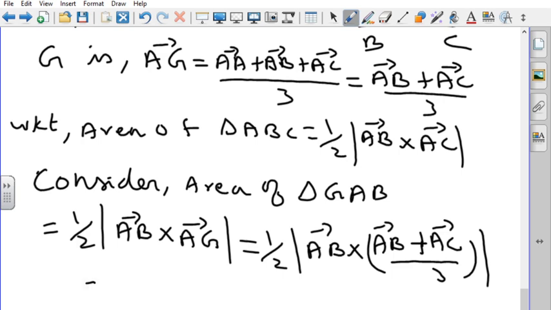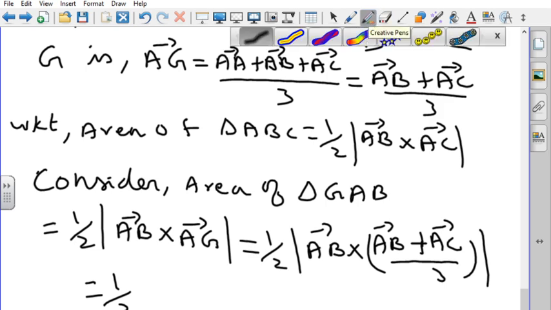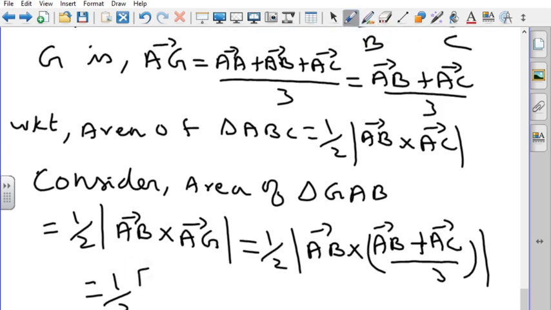So now 1 by 3 can be taken out. So we can write this as 1 by 3 into 1 by 2 into modulus of AB vector cross AB vector plus AB vector cross AC vector.